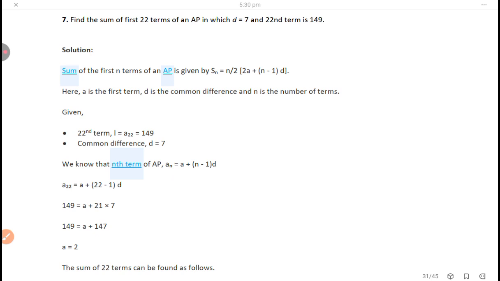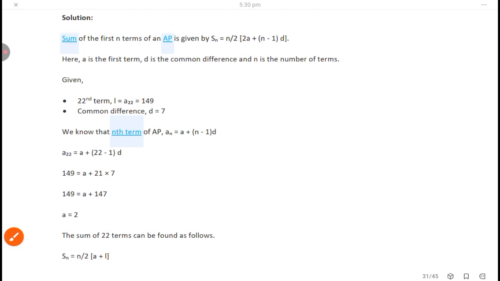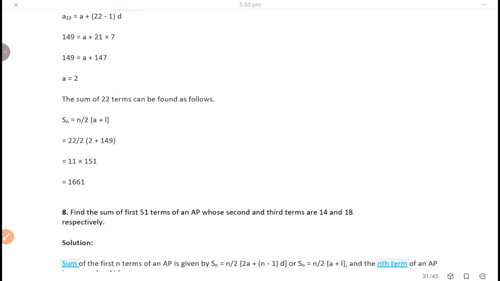So write the given data: the 22nd term, that means the last term, is 149, and the common difference is 7. With this you find the first term, then the sum of the 22 terms. So you'll get this one.